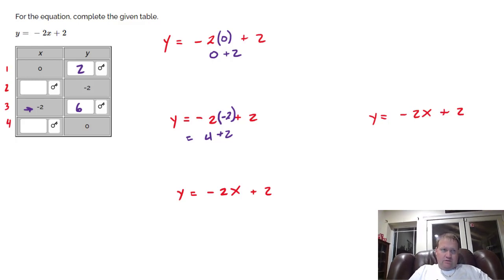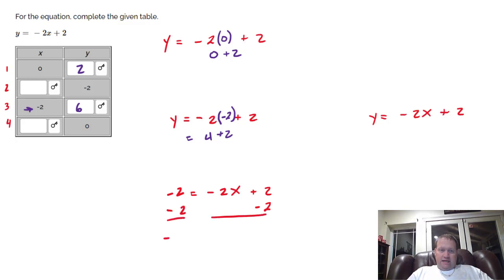Now the last two are for y. So the first one, y is a negative 2. I'm just going to take this away, and I'm going to put a negative 2 in its place. And now I've got a two-step equation. I'm going to isolate x. So I'm going to forget about this for a minute. I'm going to take away a 2 on both sides.